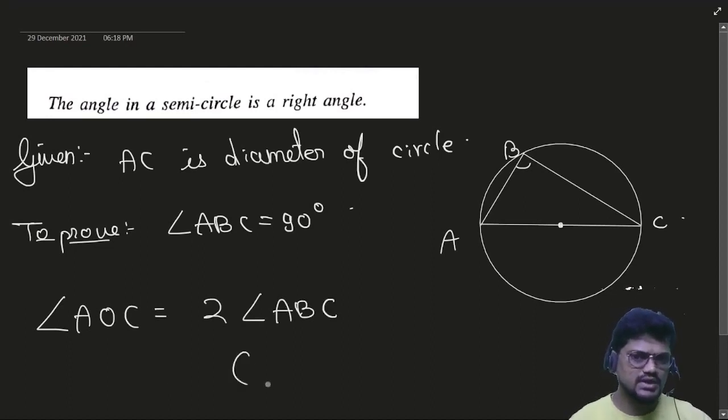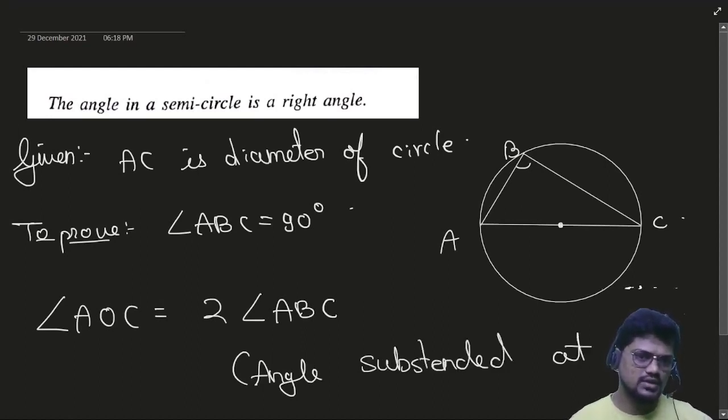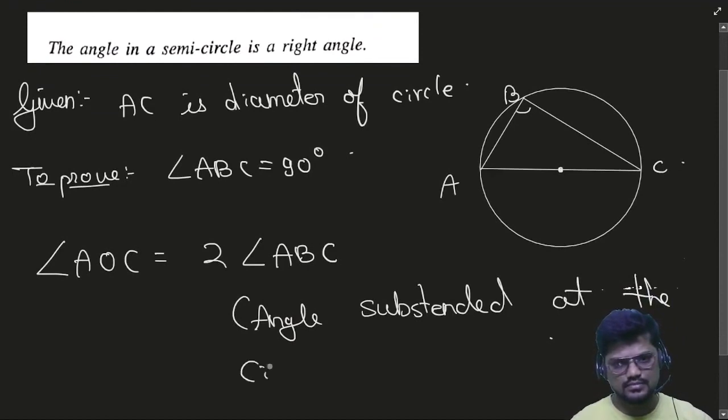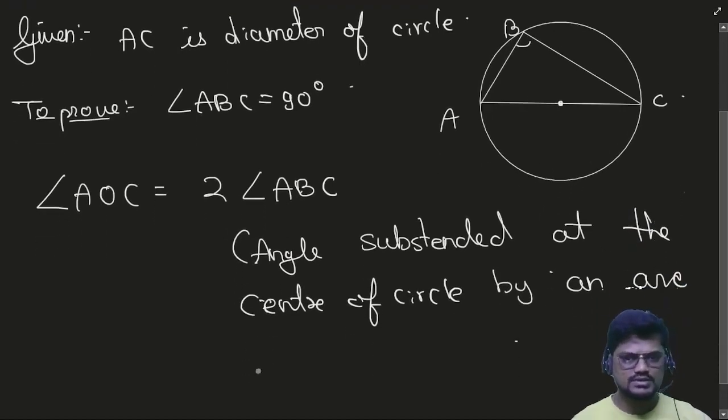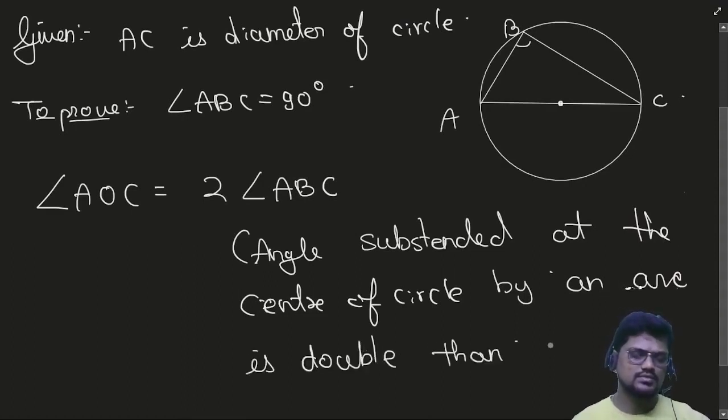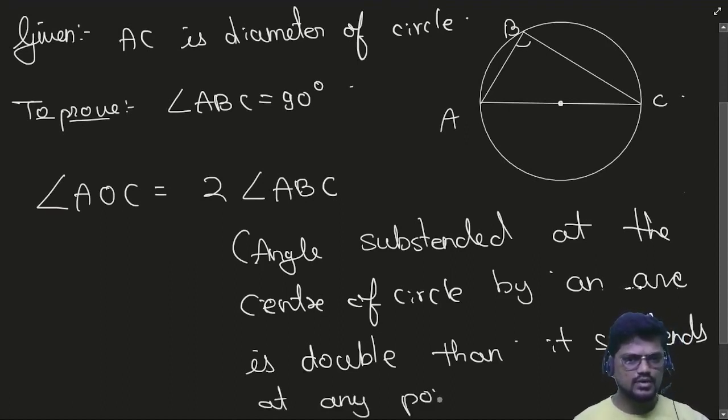The same theorem: the angle subtended at the center of the circle by an arc is double that subtended at any point on the circle.